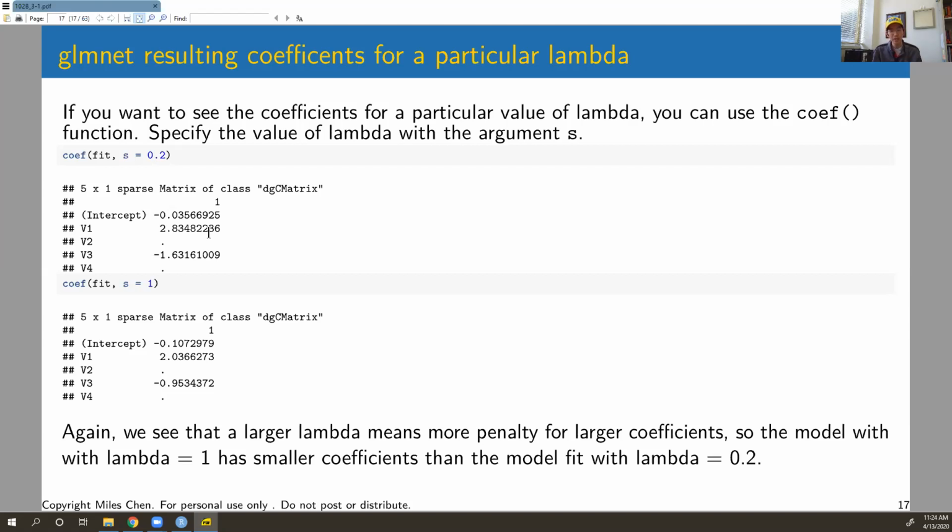And so a larger lambda is going to favor smaller coefficients. So here with lambda 0.2, we got 2.83 and negative 1.63. And with lambda equal to 1, I've got 2.036 and negative 0.953.